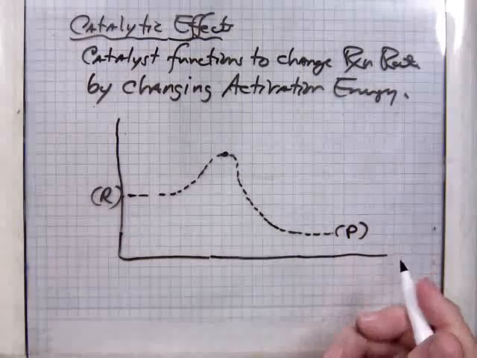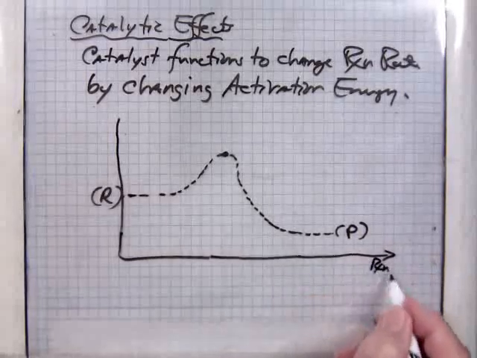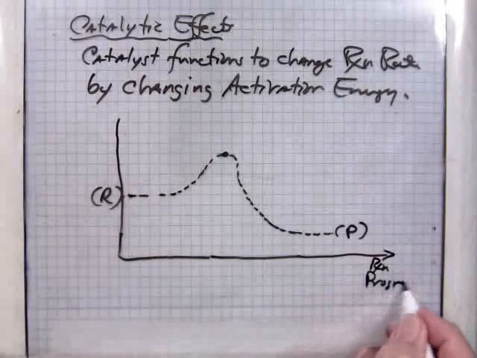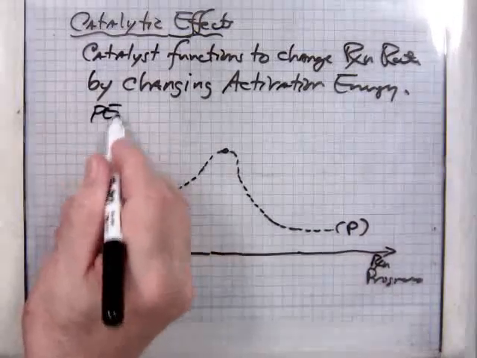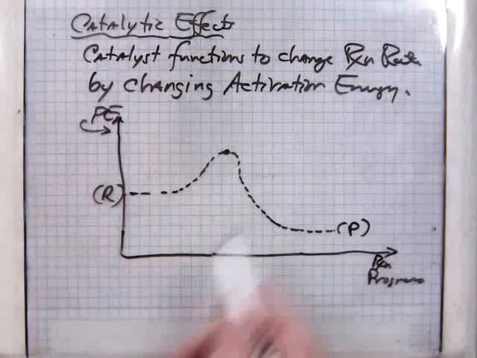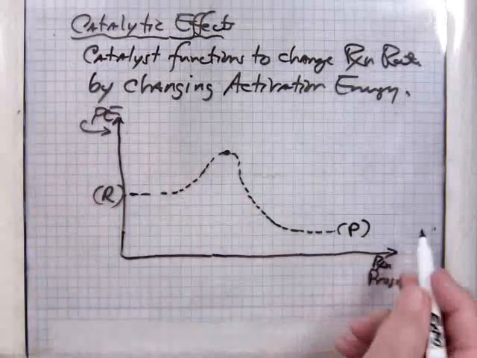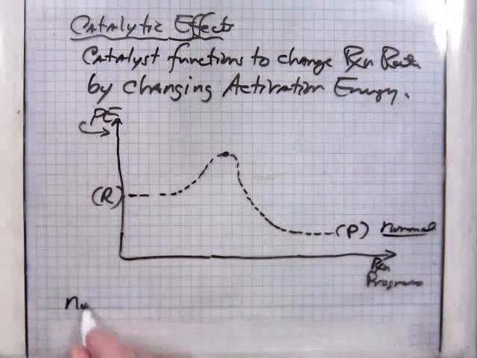And, of course, this is reaction progress, and these are potential energies for that. And say this was the normal curve.